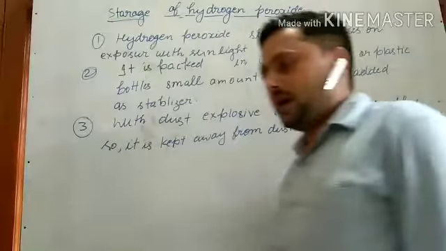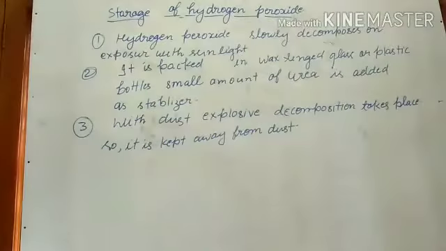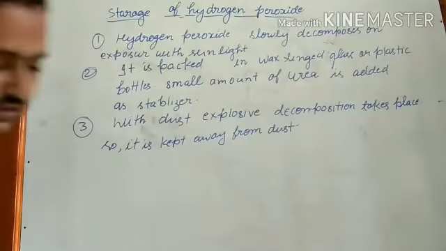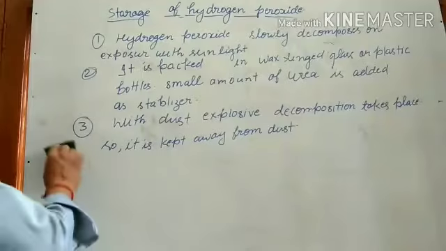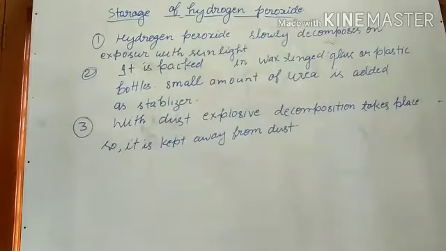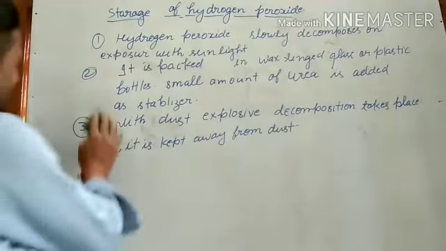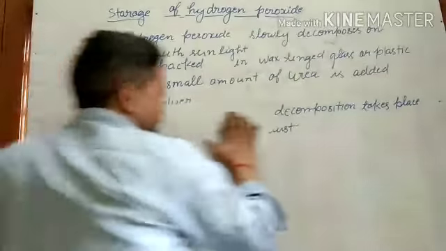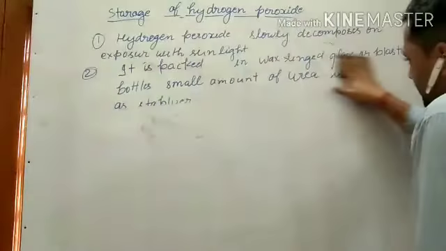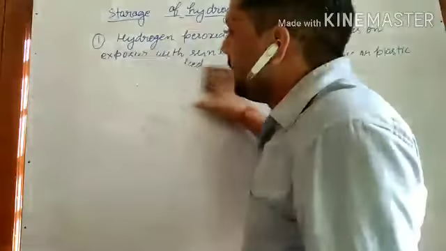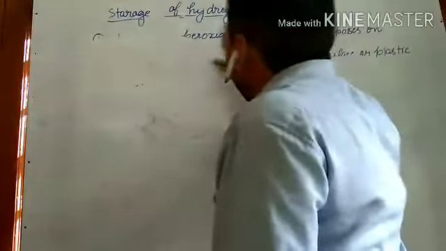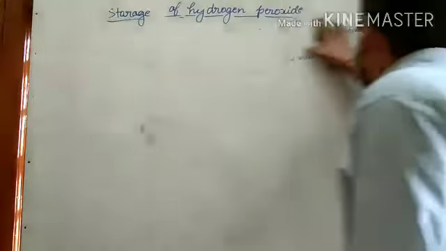And our next topic is uses of hydrogen peroxide. Let us see the uses of hydrogen peroxide. First, hydrogen peroxide is used in bleaching of hair.